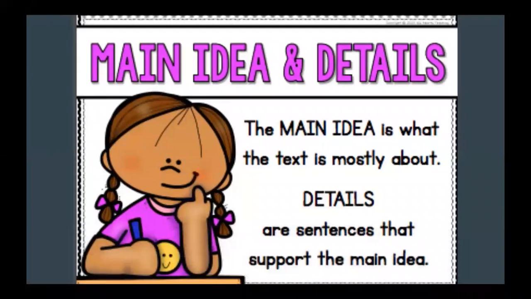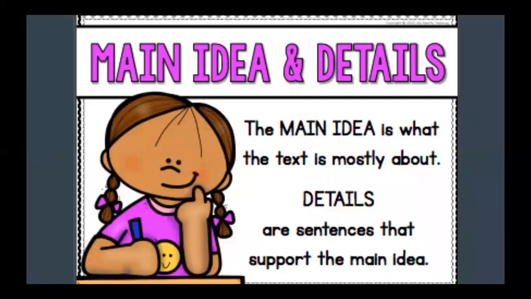So, I want you to think about the first story that we read on Monday. It was called, What Do a Flag, a Bell, and an Eagle Have in Common? Remember, when we were reading this story, we were thinking about what the main idea and the details were of the story. Did you figure out the main idea of our story?